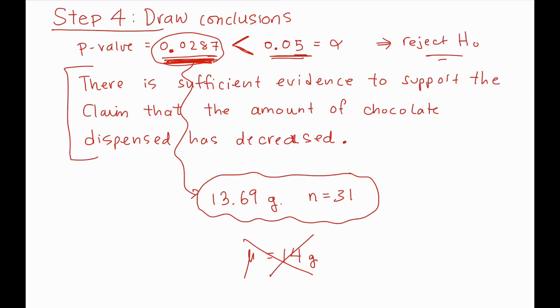So what changes in step 4? In step 4, remember, the p-value is now 0.0574. That is actually going to change the decision, because the p-value is now greater than the significance level.